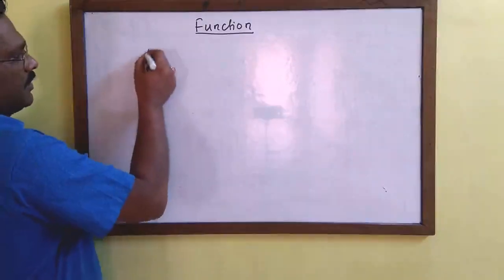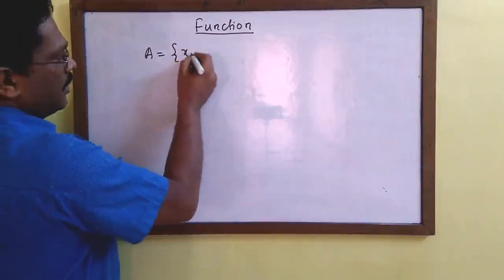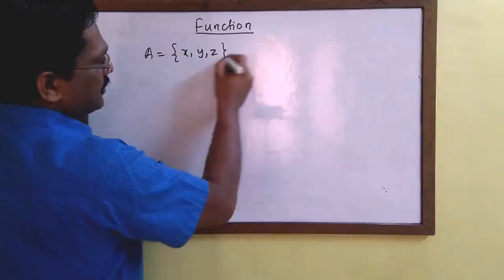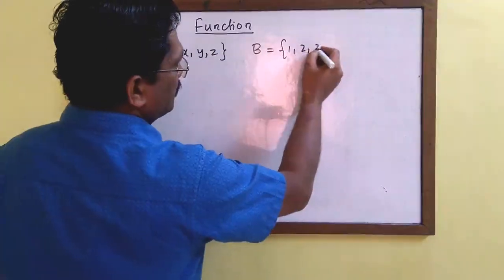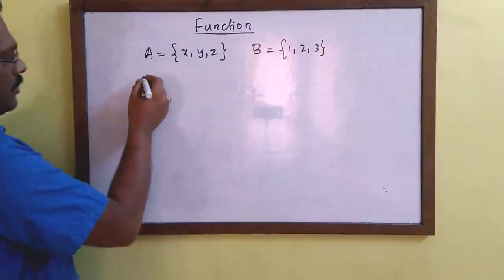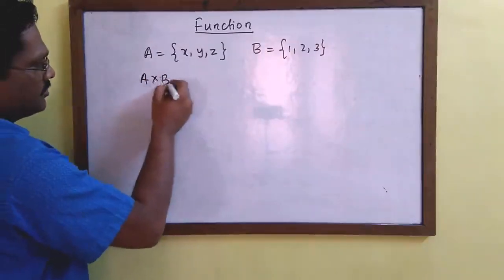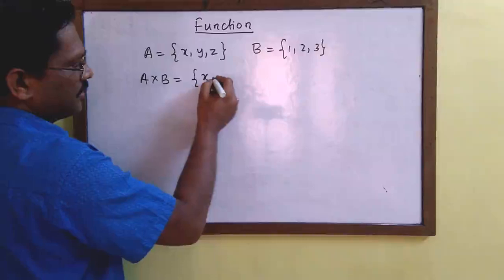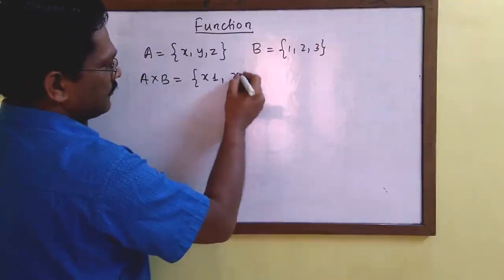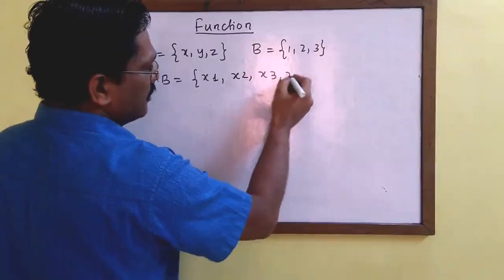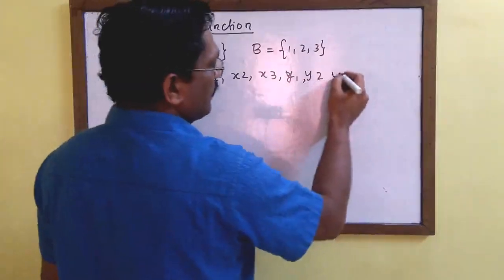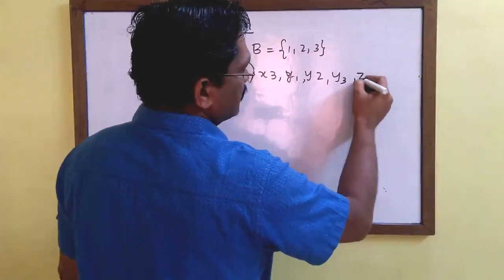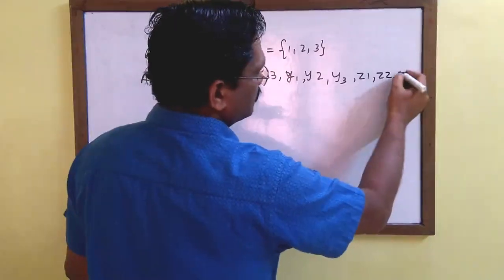Now if I say that A and B are two non-empty sets, say A is this much and B is say 1, 2, 3. Now if we take the Cartesian product of this, what does it give? x1, x2, x3, y1, y2, y3 and similarly z1, z2, z3.